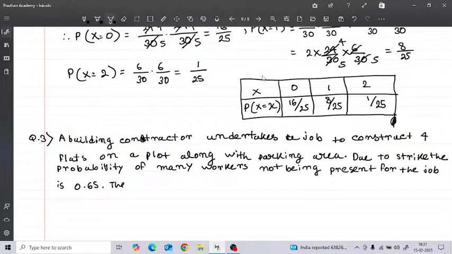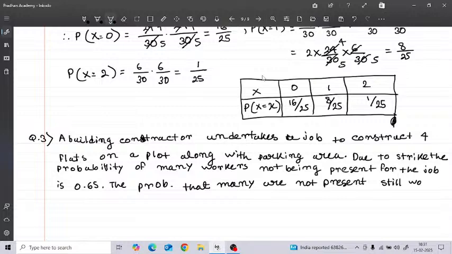Next is the probability that many workers are not present, still the work gets completed on time, is 0.35.